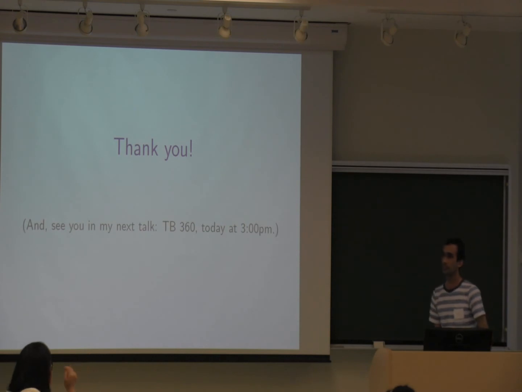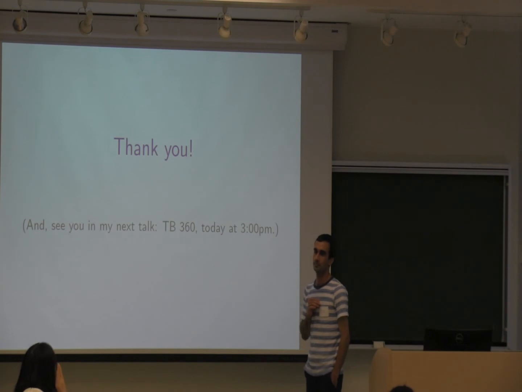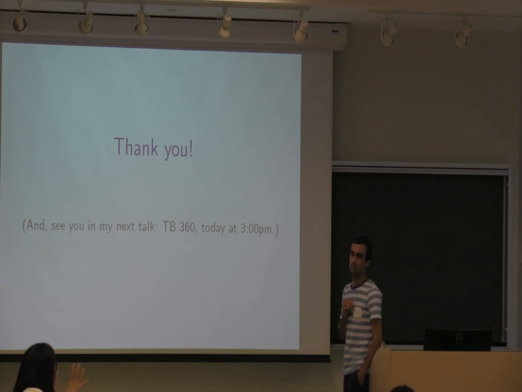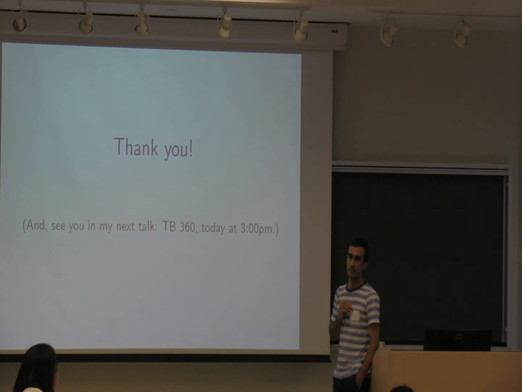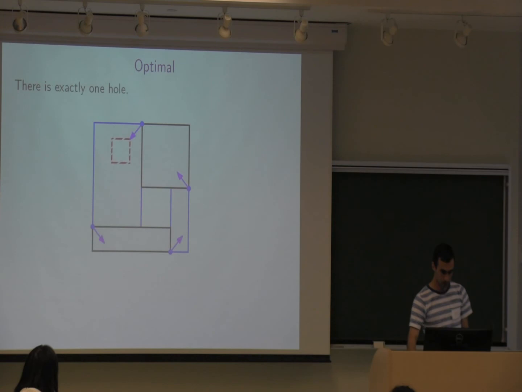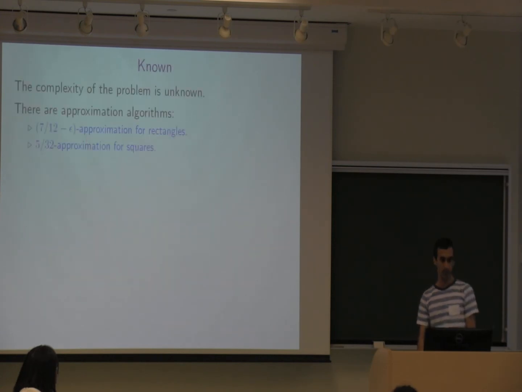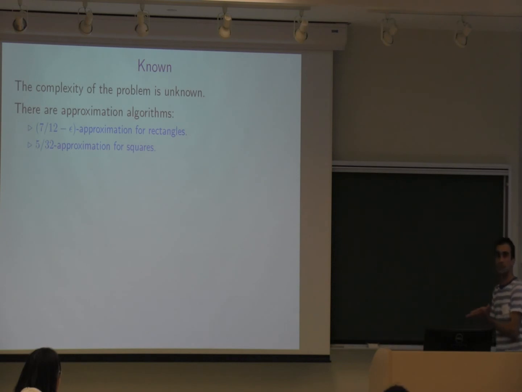Any other questions? The approximation for rectangles is easier, and what they basically did, it's a very simple argument, is that you look at the points sorted by their y coordinates, and you draw a line for every other point.